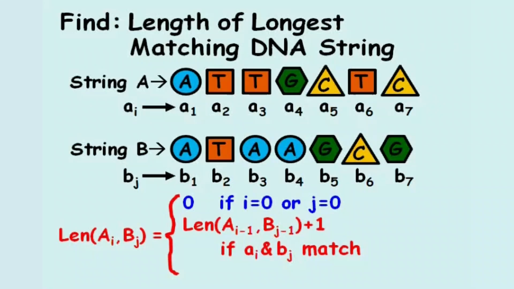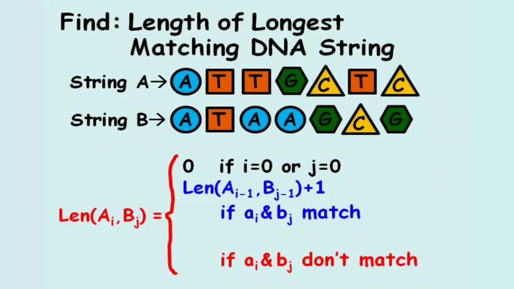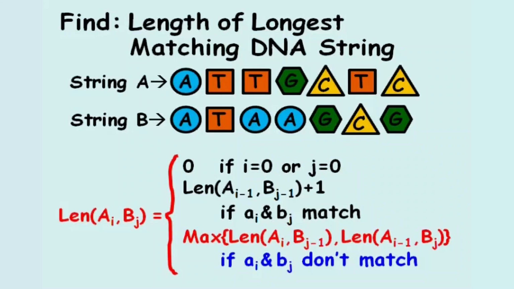If Ai and Bj do not match, length Ai,Bj will equal the maximum matching substring between length Ai,Bj-1 and length Ai-1,Bj.